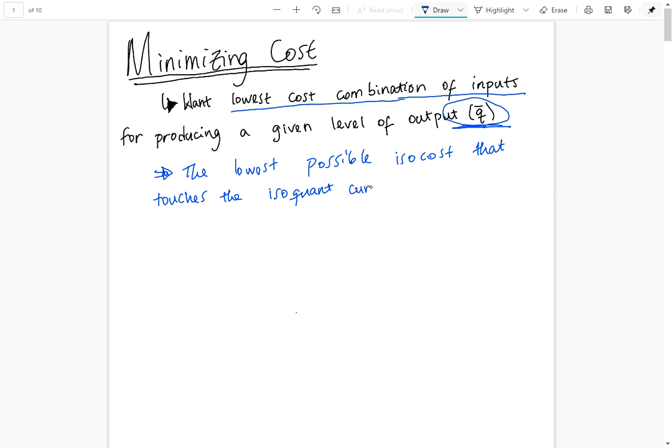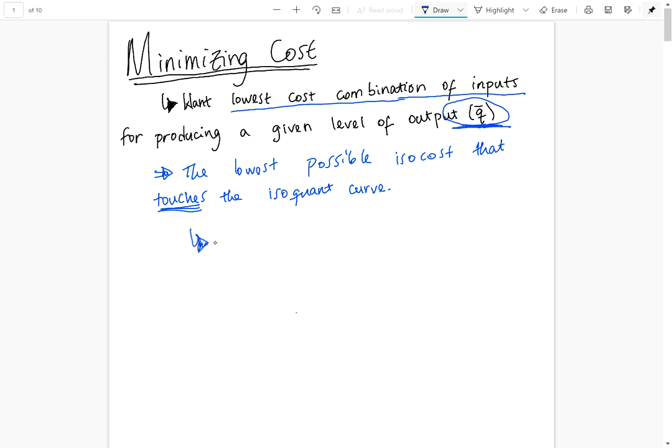Remember that touches, intersects, just shows us the combination for Q and cost that work together. Now, the reason why we're saying touches is because we want something that just touches the isoquant line, not something that intersects it. Because if it intersects, then it means that we can even do better.